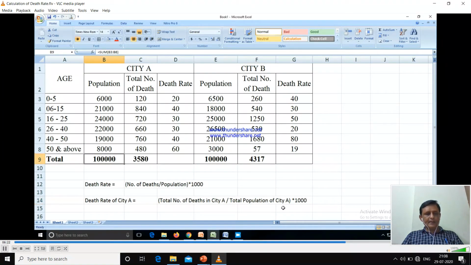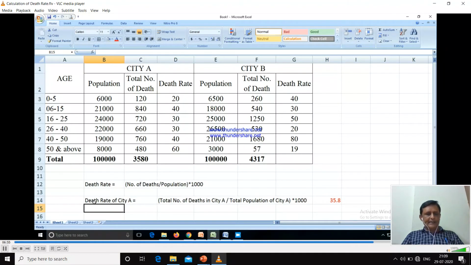Let me insert it: equals 3580, the total number of deaths, divided by the total population of city A, which is 1 lakh, given in B9. So let me divide by B9, multiplied by 1000, and press enter. It's 35.8.